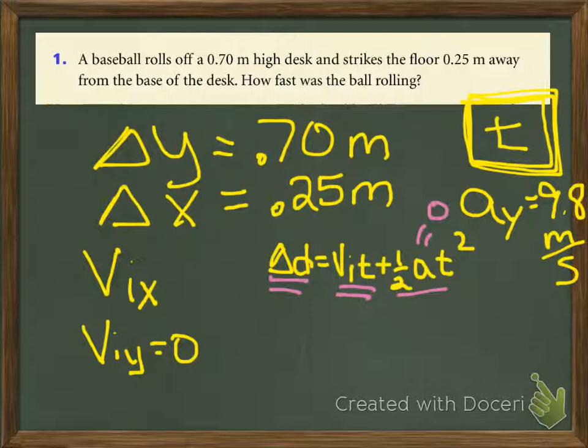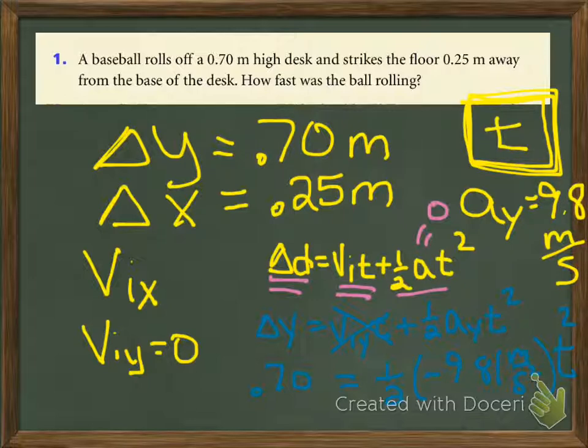We'll have delta y equals Viyt plus 1/2 Ayt squared. This goes to 0. Delta y is 0.70 equals 1/2 negative 9.81 meters per second squared times your time squared.